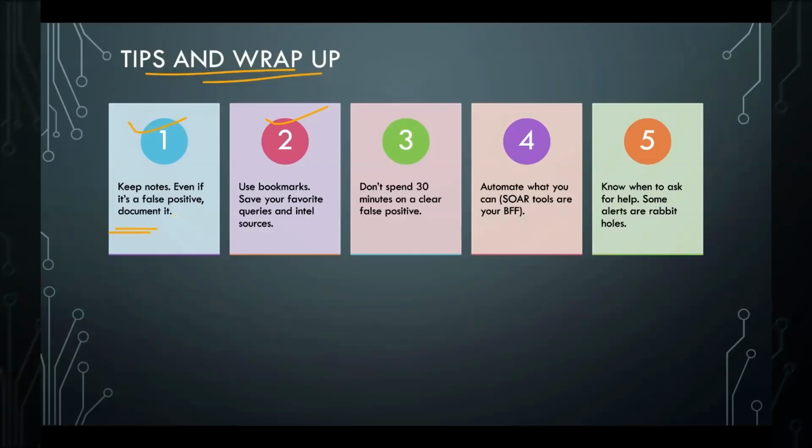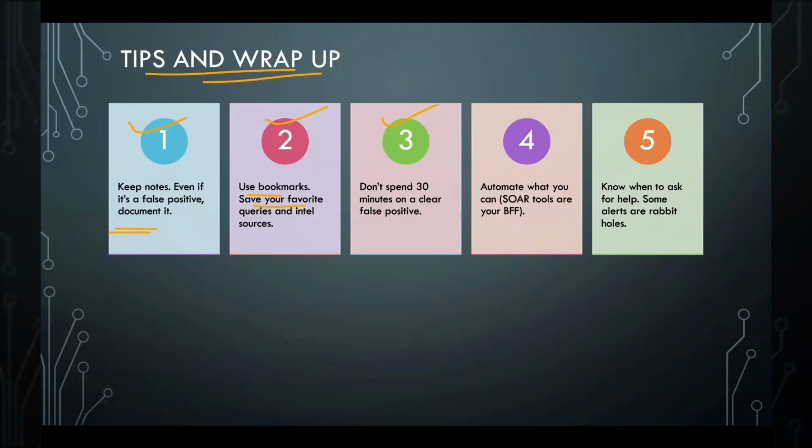Tip number two, if you're googling the same log field, IP reputation, and query every single day, you're wasting your time. So bookmark your favorite SIEM query, your threat intel site, your internal dashboard. Think of bookmarks as save points in your video games.